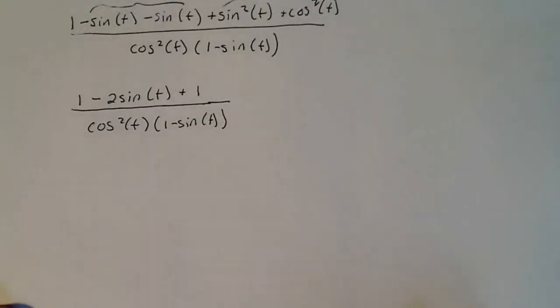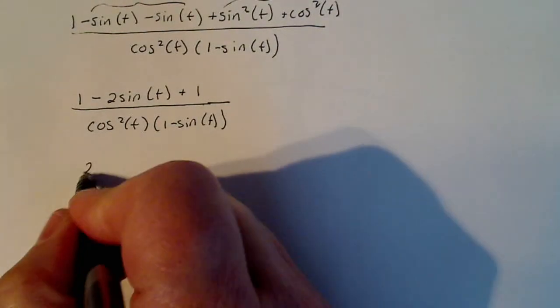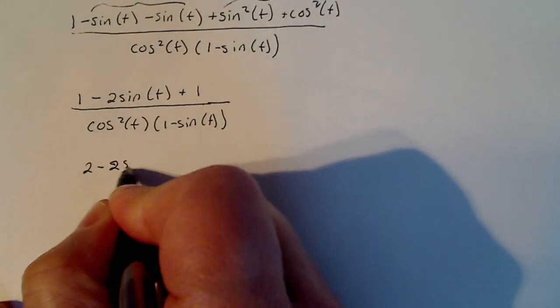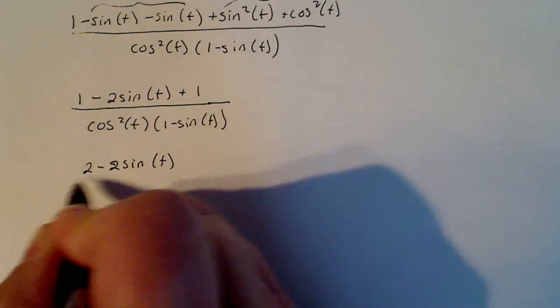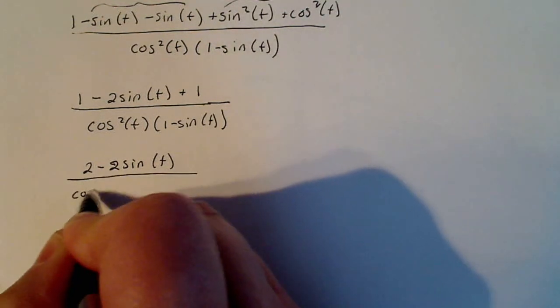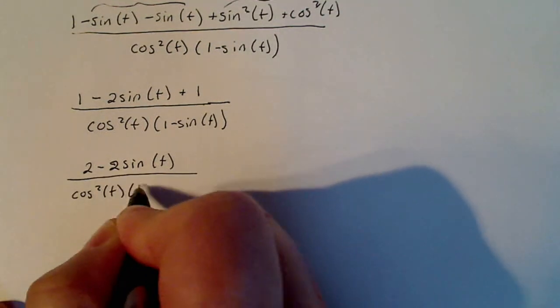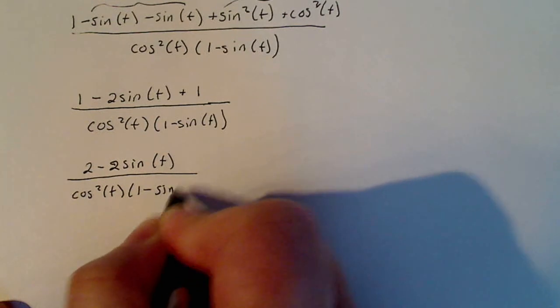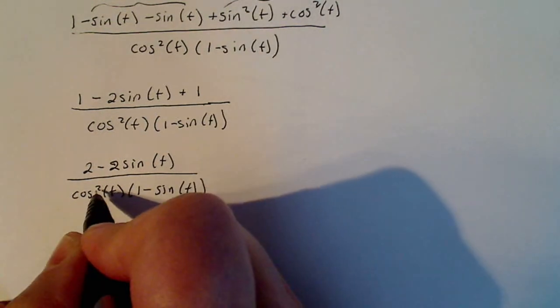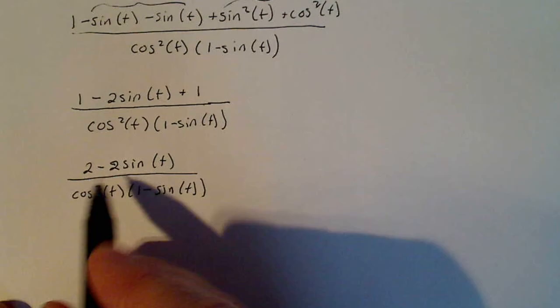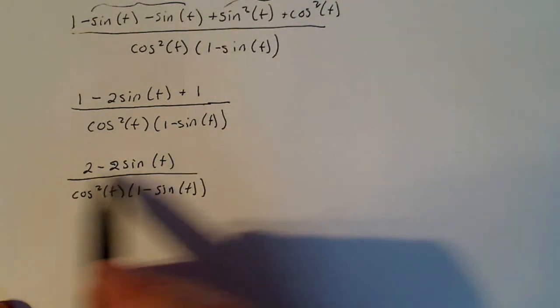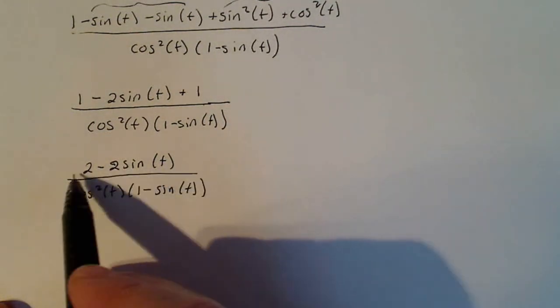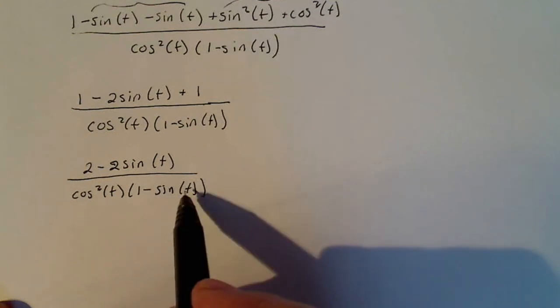Continuing, I can add the ones on the top. Keep the denominator. Now I'm going to factor out a 2 in the numerator, and the reason being is I know what's going to be left is going to look just like that.